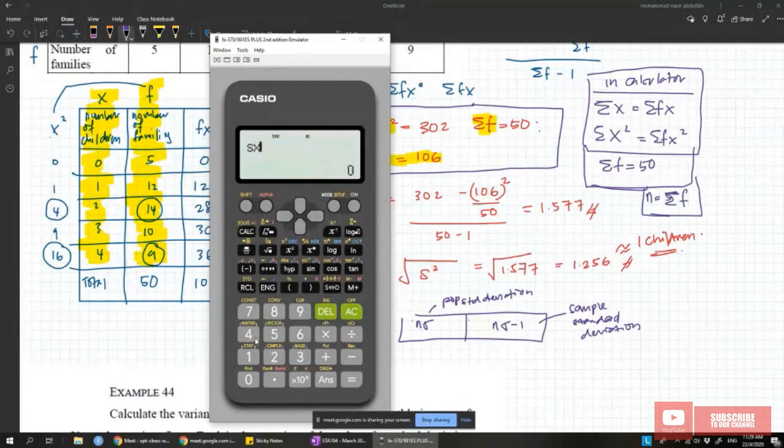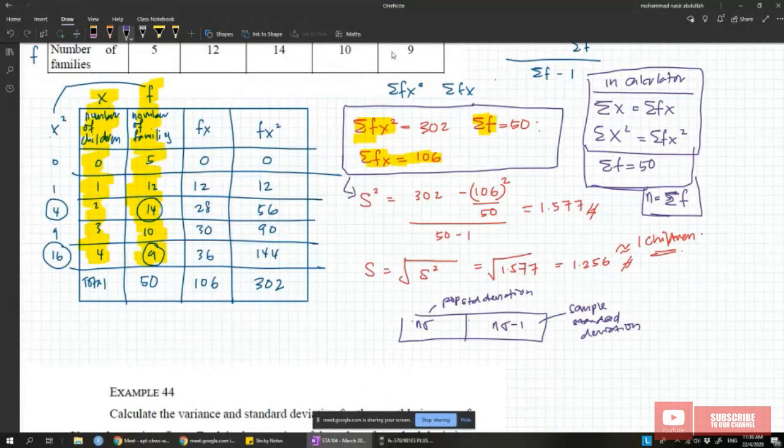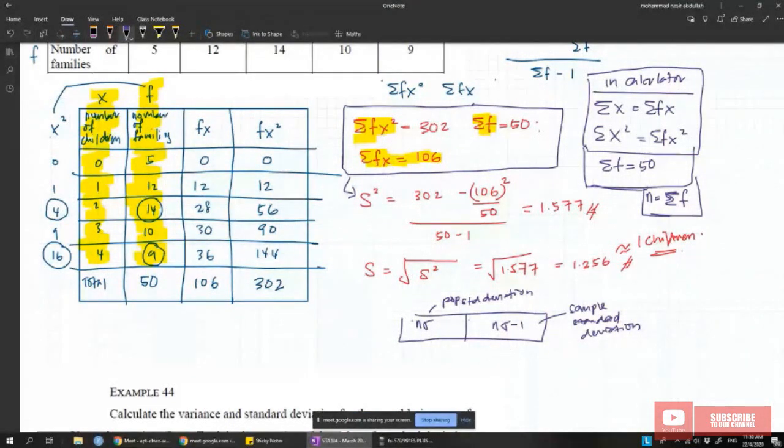If you click 4 for sample standard deviation, it will give you the value of the standard deviation, 1.26. Now, if you want to find the value of variance, you need to square this one. Press square. This should be equal to 1.577. So this is how you find the sample variance and sample standard deviation.